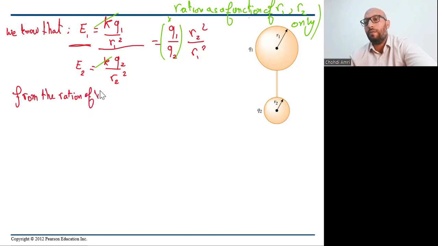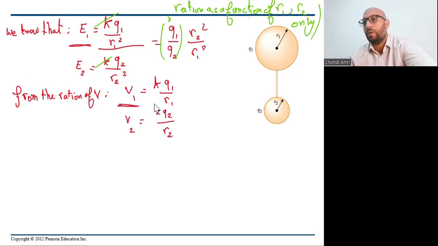V1 on the surface equals K Q1 over R1, and V2 is K Q2 over R2.